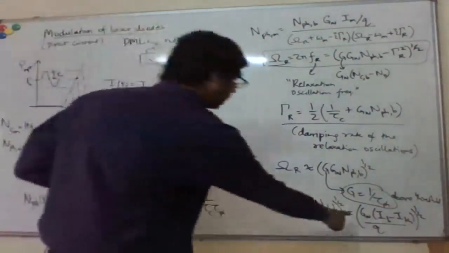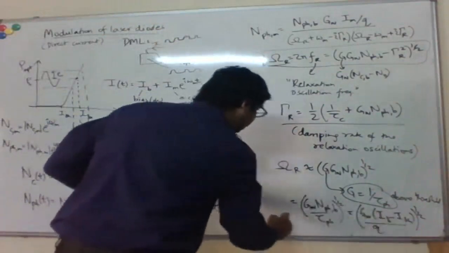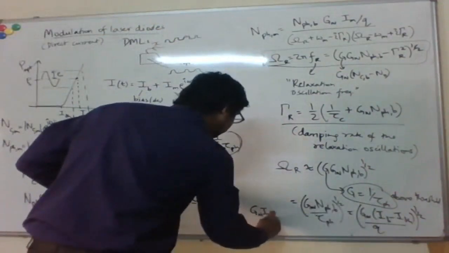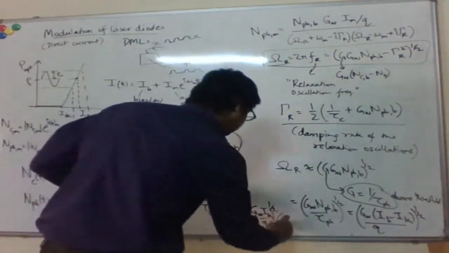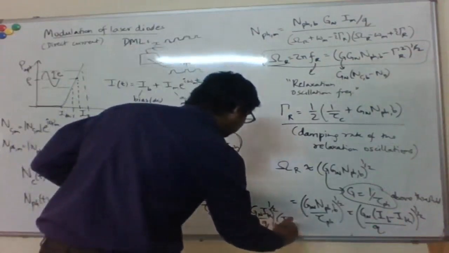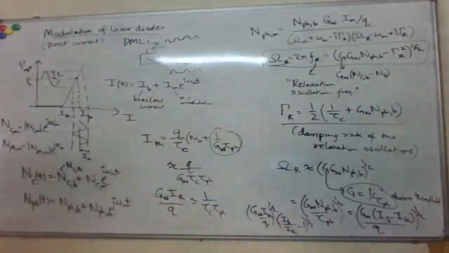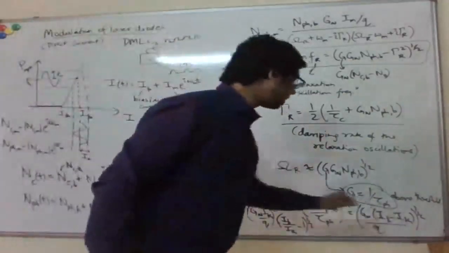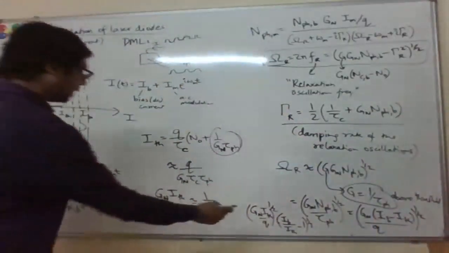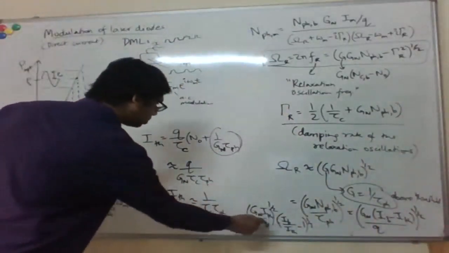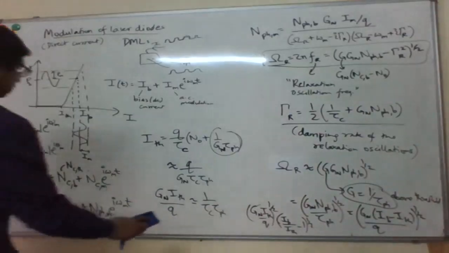Okay, so here if I write this as, so I take I threshold out common from there, so I'll get Gn I threshold over Q square root, and then IB by I threshold minus 1 square, right? So I've just taken I threshold common out from here, right? So if I do that, you can see that, and then I replace for this quantity 1 over tau c times tau photon. I'm doing all that.